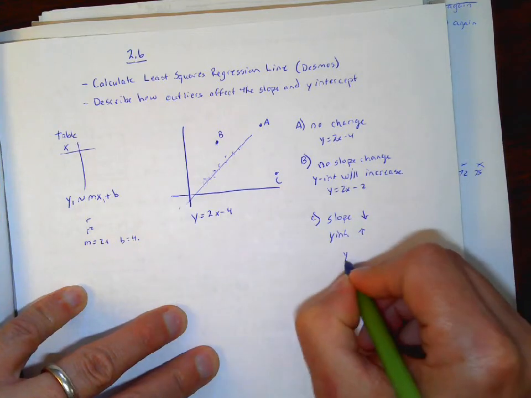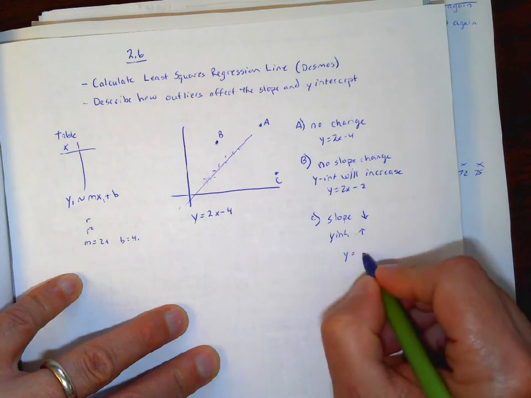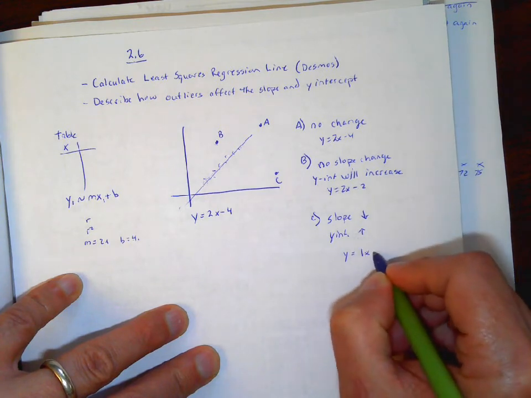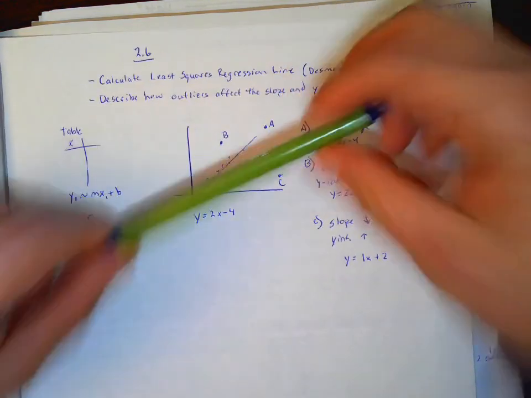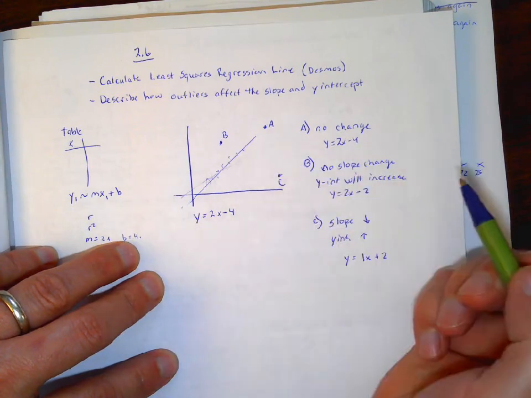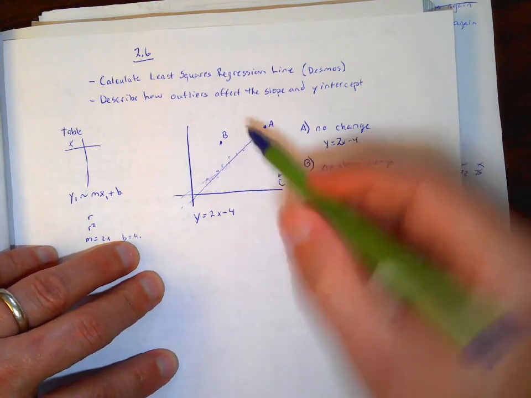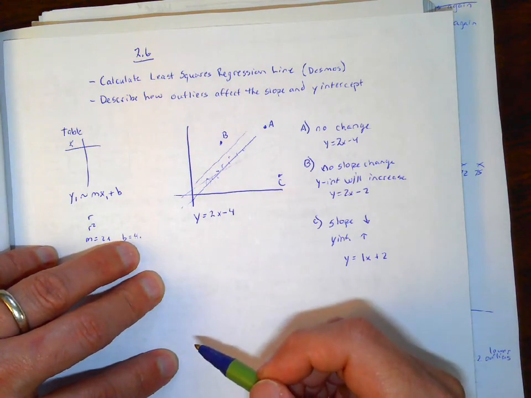You could plug it in Desmos and see, but you might have an equation like y is equal to 1x plus 2 or something. So with C, you'd have a line that looks a little bit more like this. With B, it just shifts it up like this.